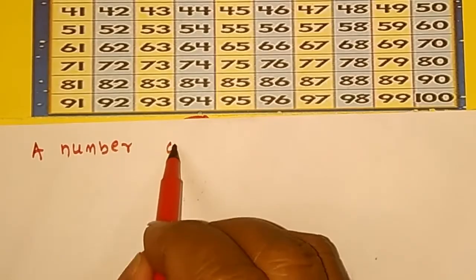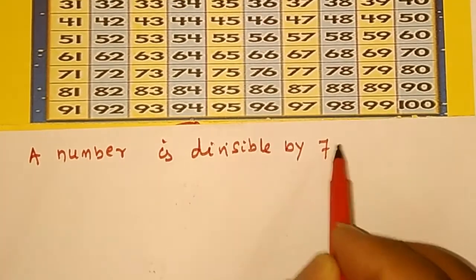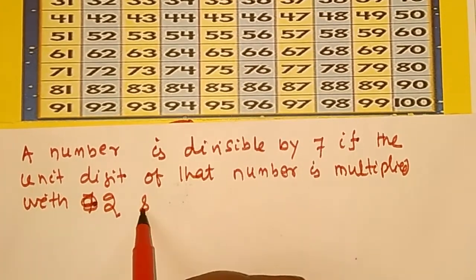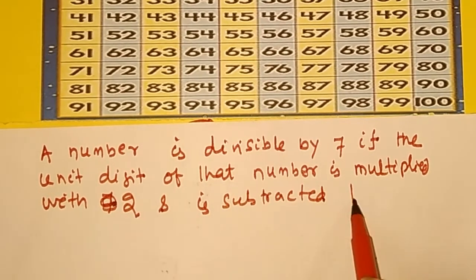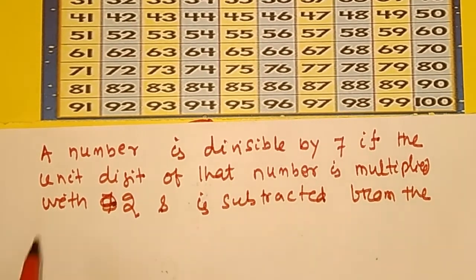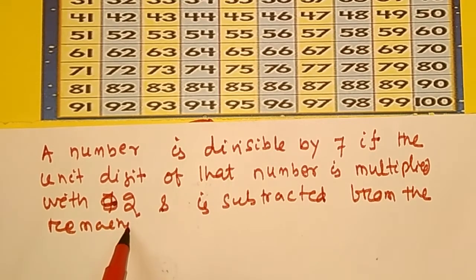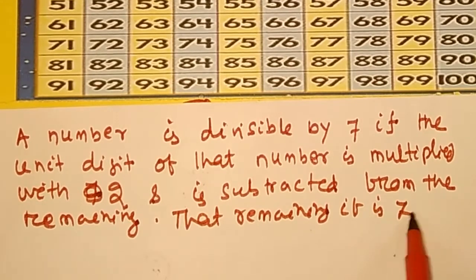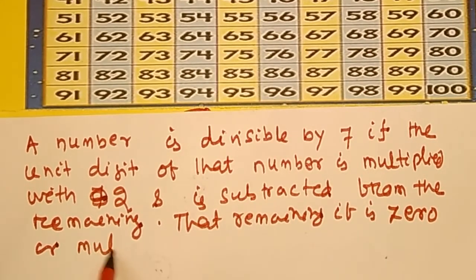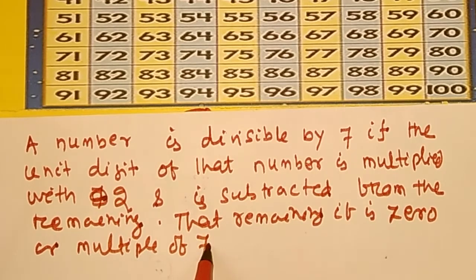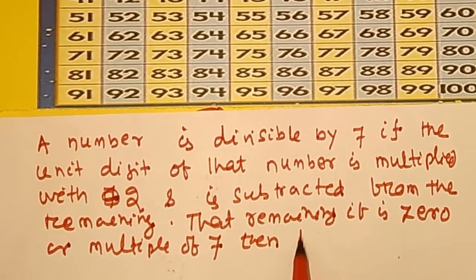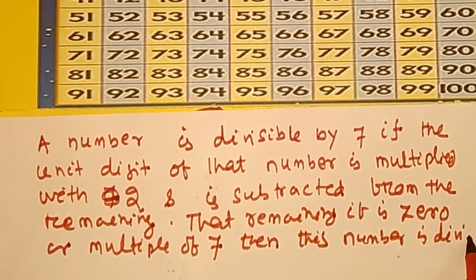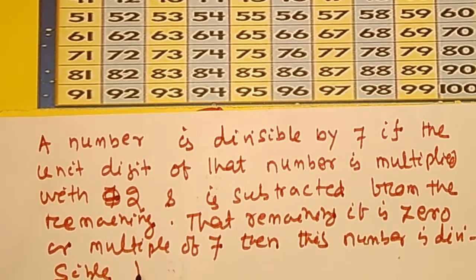A number is divisible by 7 if the unit digit of that number multiplied by 2 is subtracted from the remaining number, and if the result is 0 or a multiple of 7, then this number is divisible by 7.